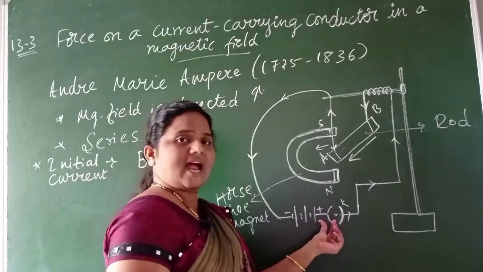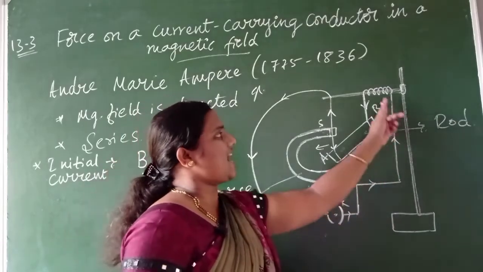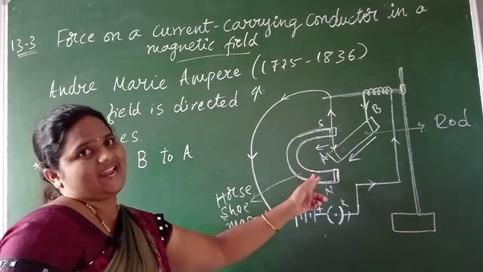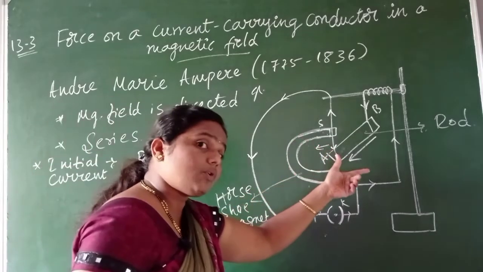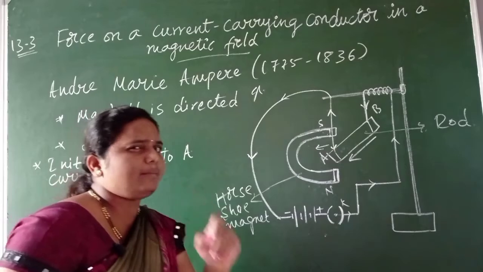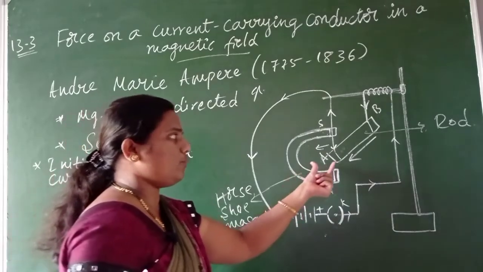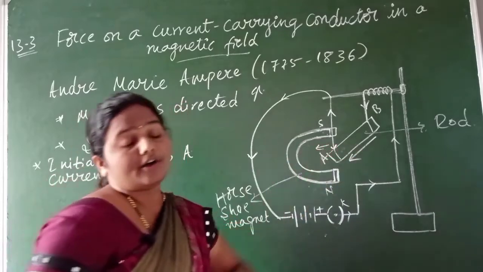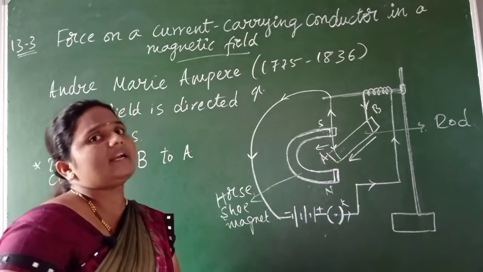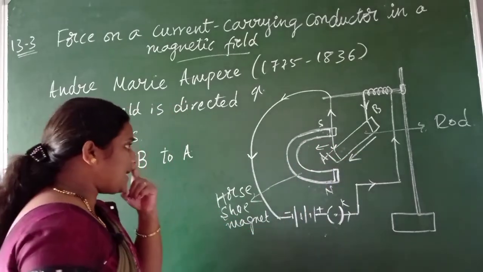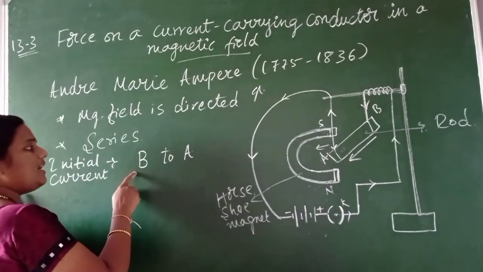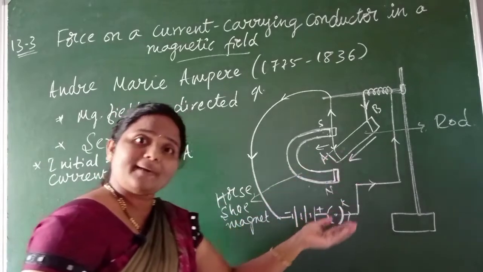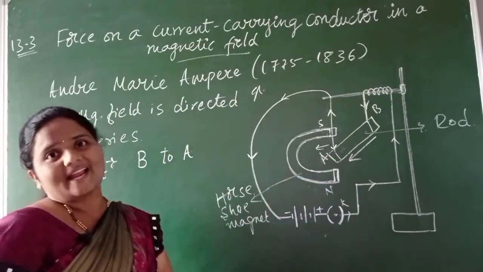When the current starts moving in this direction, from point B to point A, we need to observe the rod now. The very important step we have to do is observe what changes are occurring on the rod. It has been experimentally found, children, that when the current starts flowing from point B to point A, the rod gets displaced towards the left side.